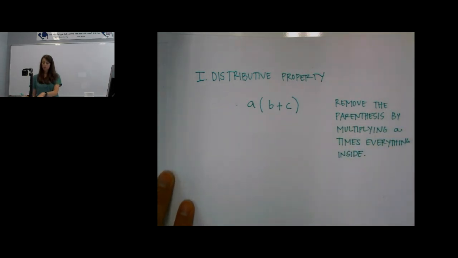So I'm going to multiply the a times everything inside. That's how I can remove that parentheses.